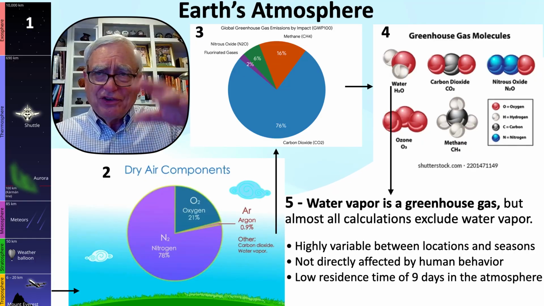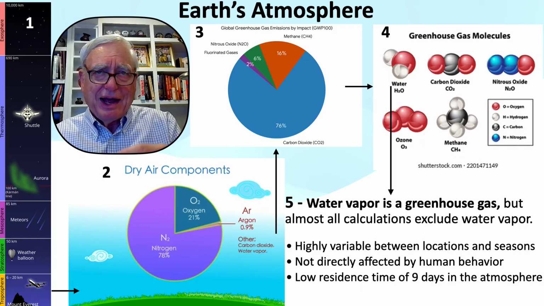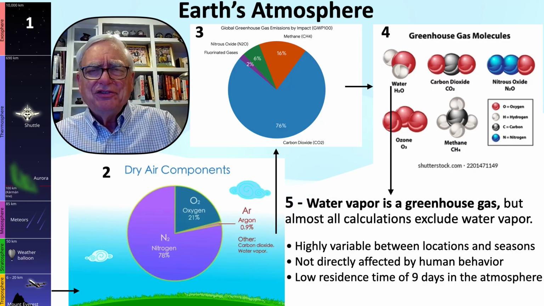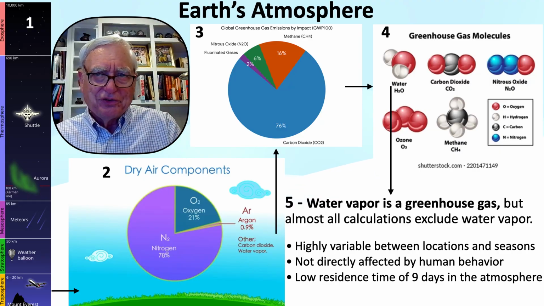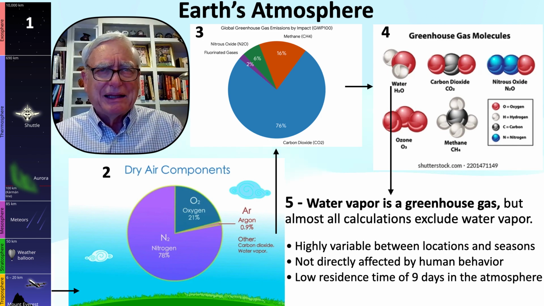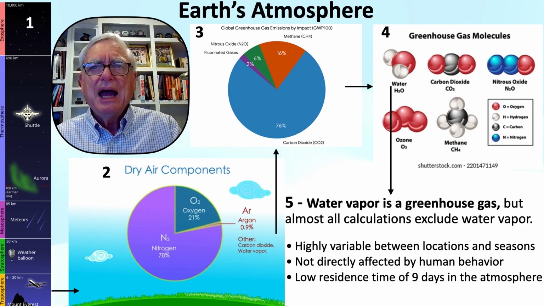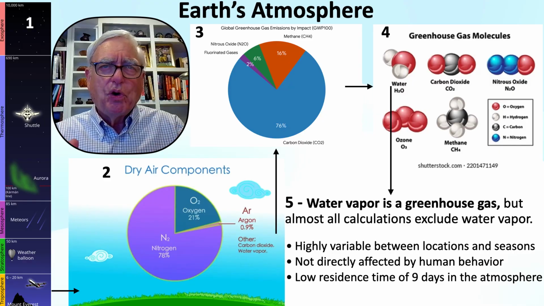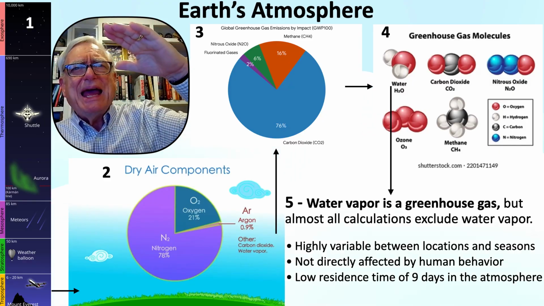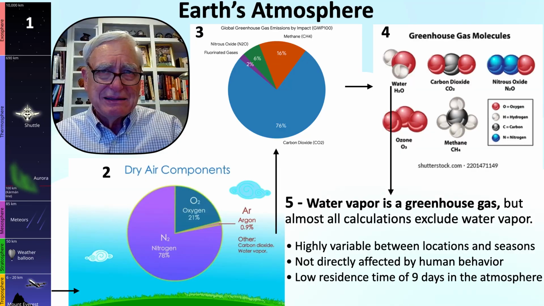Well, one reason is it's highly variable by location. Obviously, over the desert, the level of water vapor is significantly less than it is over the ocean. The other thing is it's not really directly impacted by human behavior. But the most important and primary reason is its residence time in the atmosphere is only 9 days.